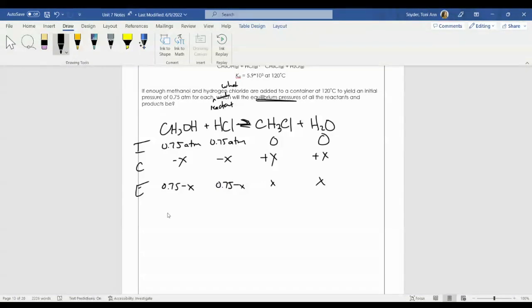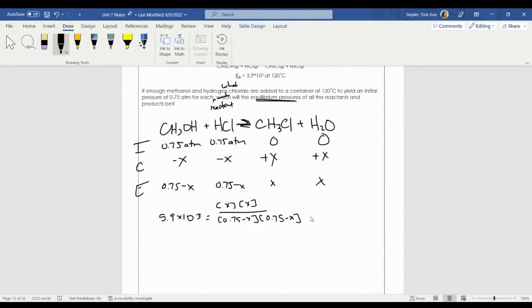So let's see, Kp, which is 5.9 times 10 to the positive third, is equal to X times X over 0.75 minus X times 0.75 minus X. What in the world?